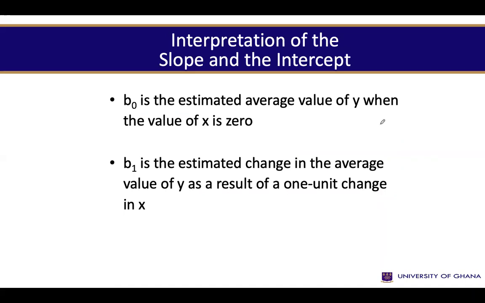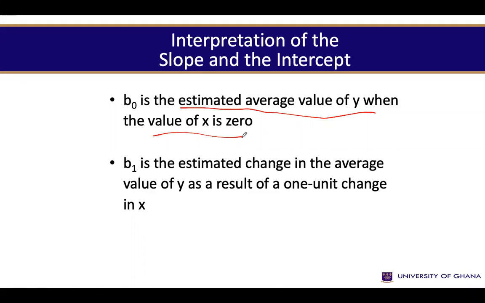Now, B0 is the estimated average value of y when the value of x is 0. Sometimes it makes sense to interpret it, but other times it doesn't.